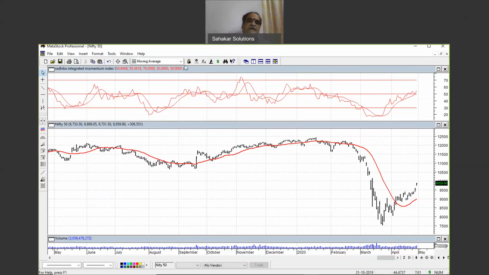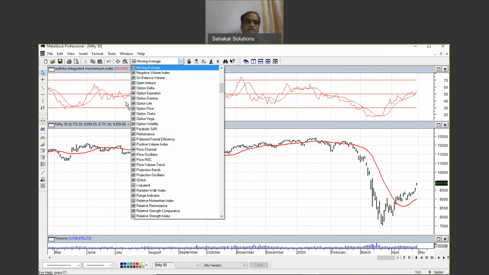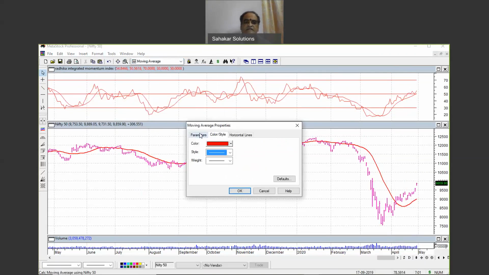We will now add 10 days moving average. Now we have 10 days moving average. For visibility's sake, I will change the color to green, and I put more weight so that it becomes very clear.